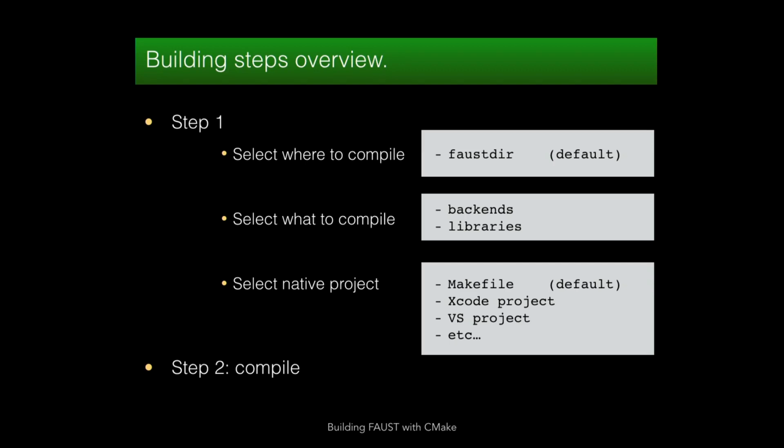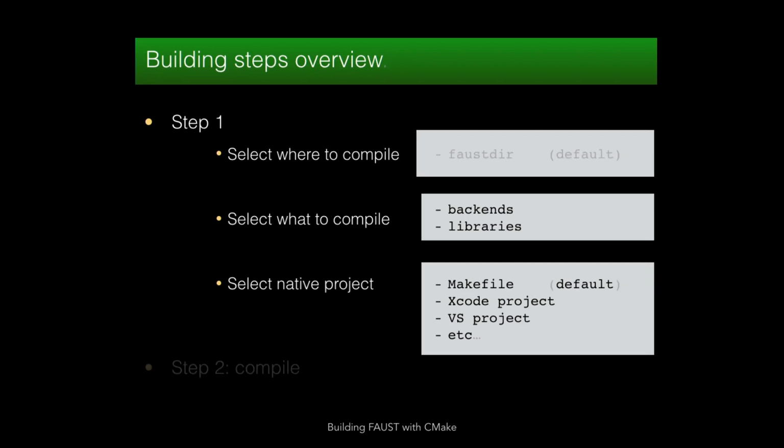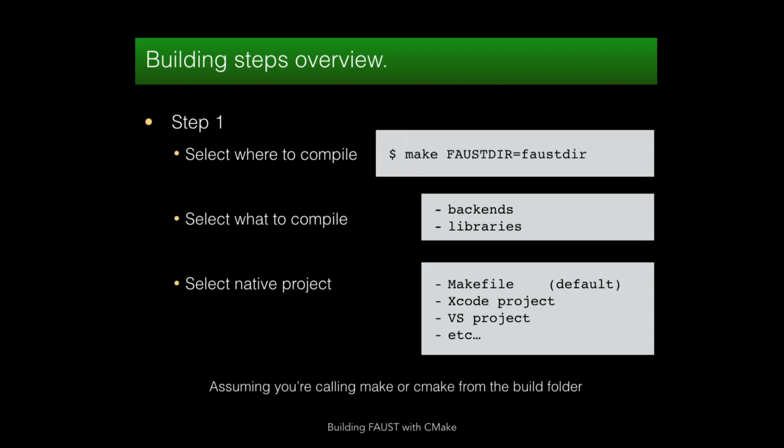By default, everything is compiled into a folder named Faust, and if you want to change that, you have various options at make level. For example, you can type make Faust equal any name.